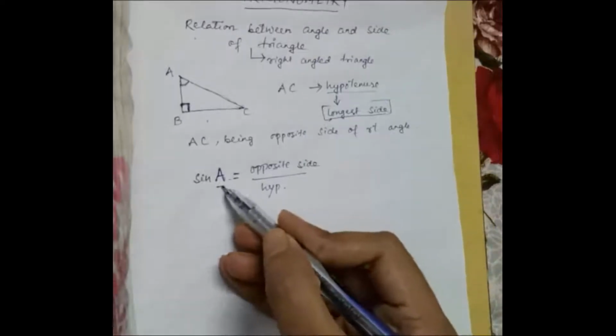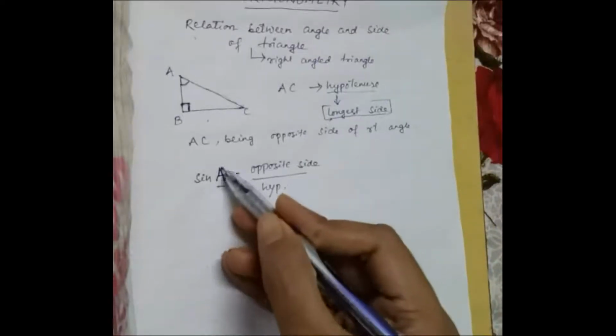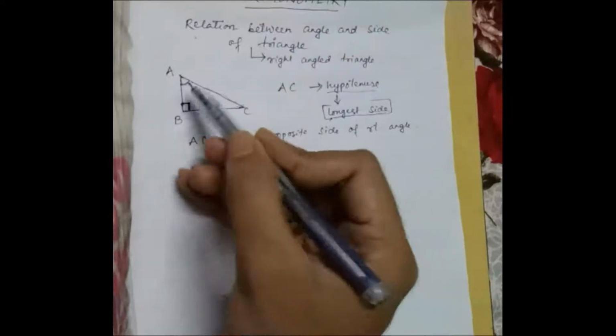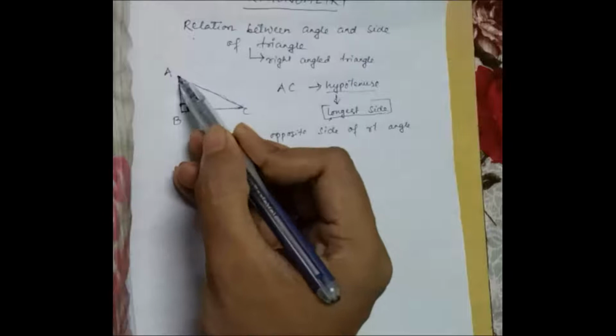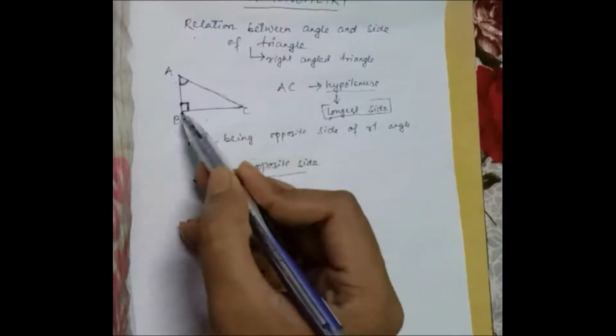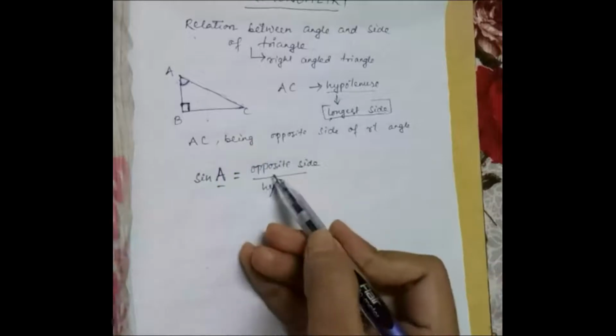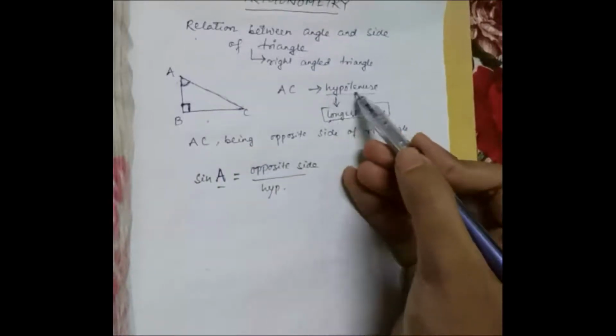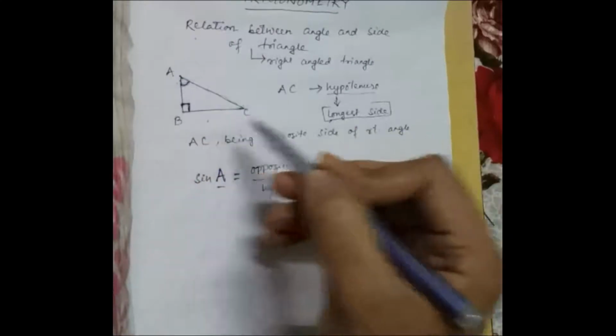Here, sine of angle A means the angle is considered as A. See, from this triangle, the side opposite to angle A is BC, and I have shown you which one will be the hypotenuse of this triangle.